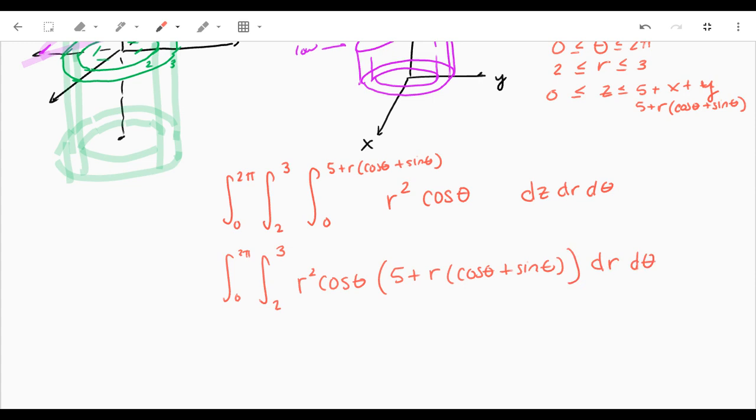So that should get you started. This is probably going to be something that you will expand before you do your integral with respect to r. But you will eventually get there, and the final answer is 65 pi over 4.